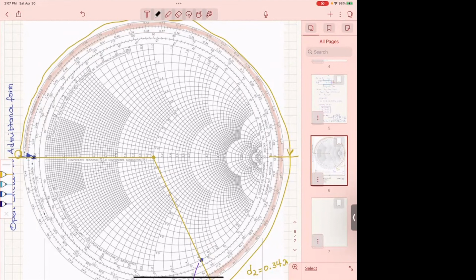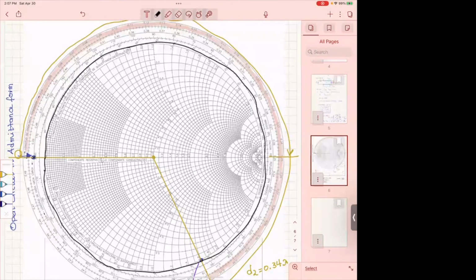And that means that the stub is always on the outermost circle, because that's exactly where it's 0, in the outermost circle of all of the resistive circles.